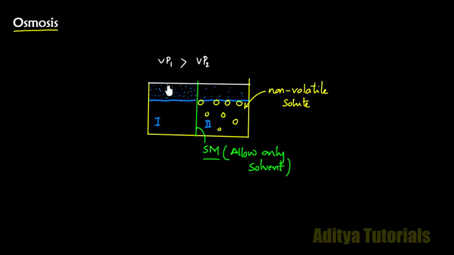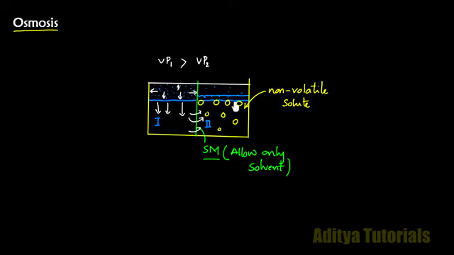Now what happens? These vapors in compartment number 1 exert a pressure on the wall of the container and on the surface. By that, the liquid moves downwards and there is no space. Therefore, the liquid flows through the semi-permeable membrane to compartment number 2, and by that there is a rise in the liquid level in compartment number 2.